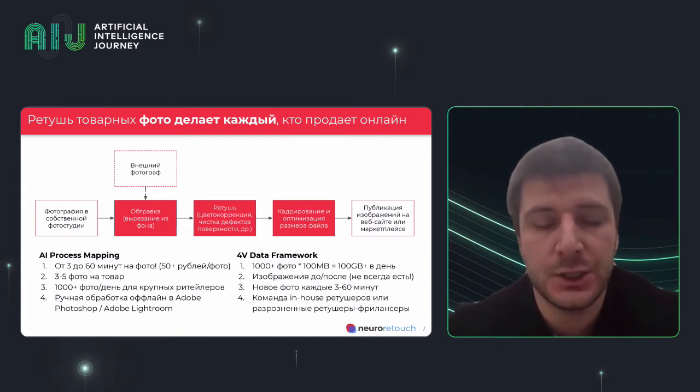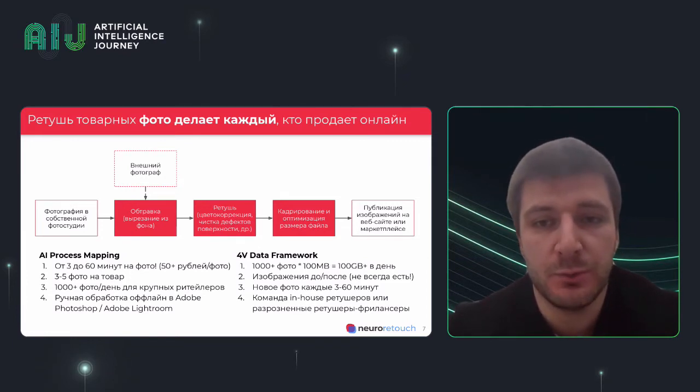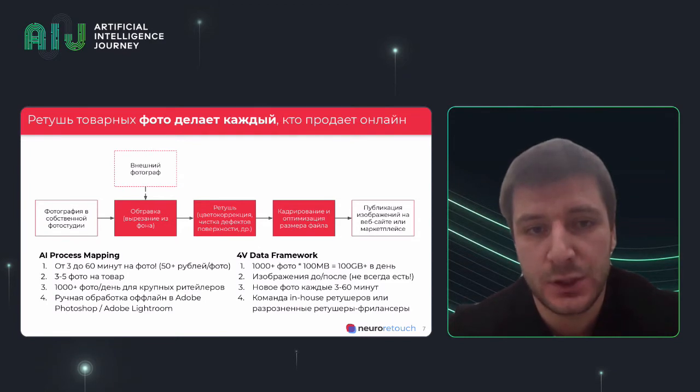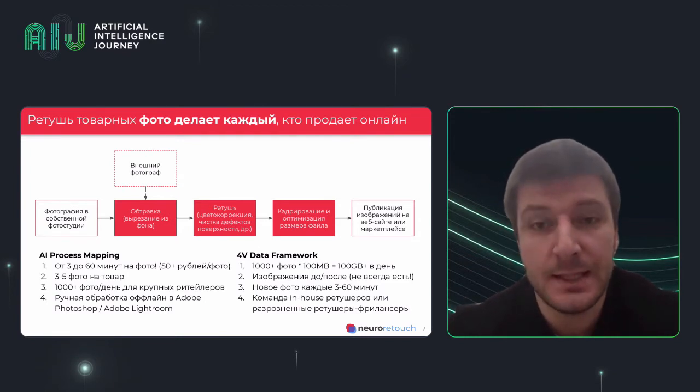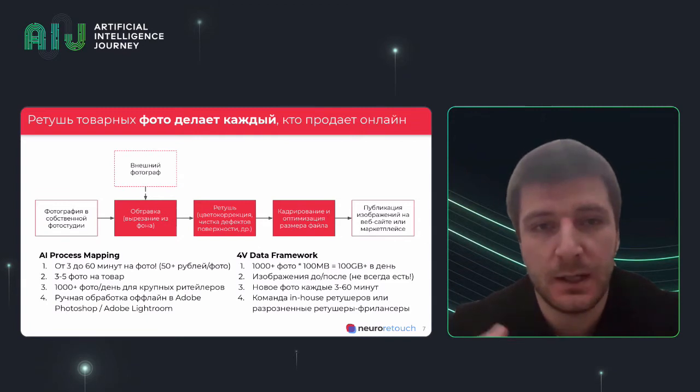So the way it's usually done is that companies either have an in-house team of retouchers, but very often teams like this are relatively small, and around peak times, for example, when seasonal catalogs are launched, teams obviously don't scale fast, so people either have to work day and night, or the company has to engage freelancers.